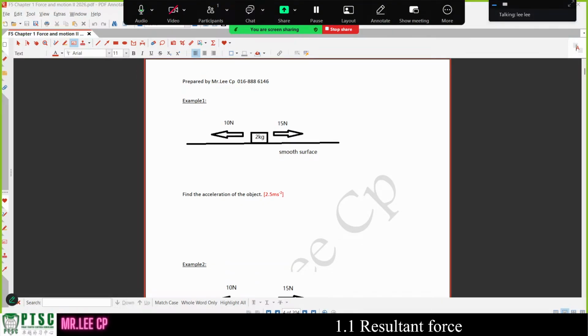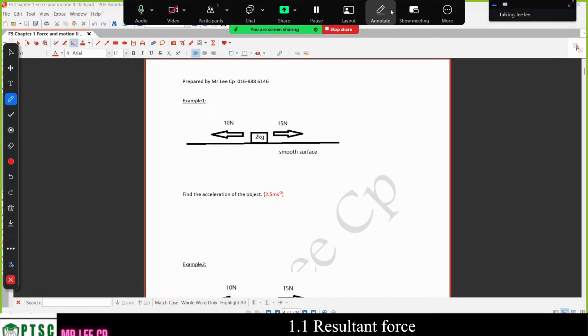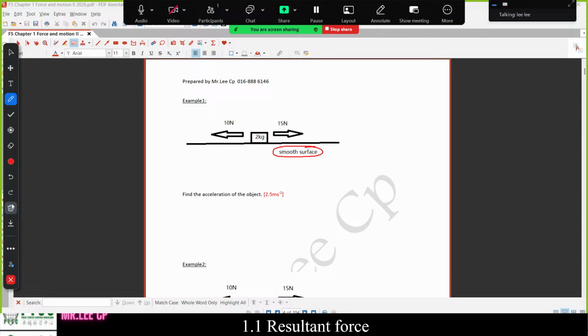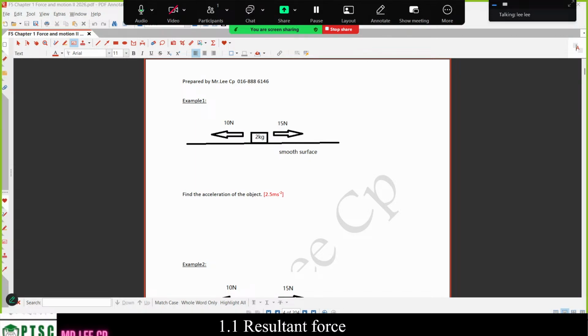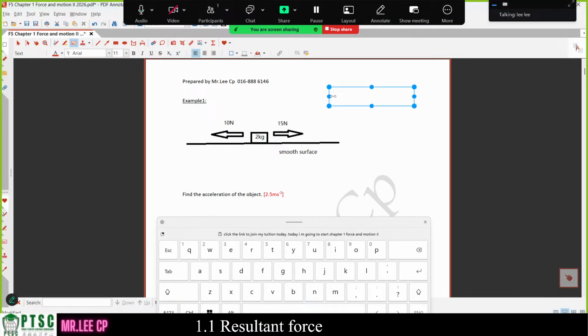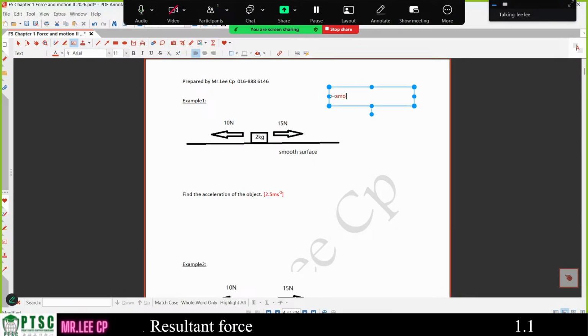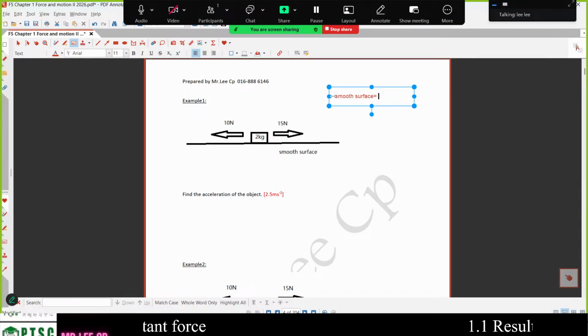Okay, so we look at example number 1. First of all, you need to see what this is. This is a smooth surface. For a smooth surface, you don't need to copy anything, just listen, because I will send the notes into the group later. Smooth surface means no friction.